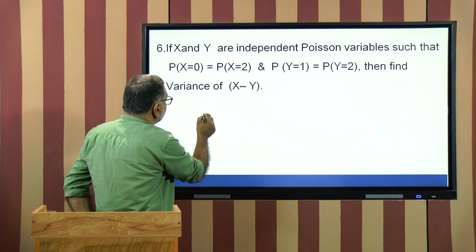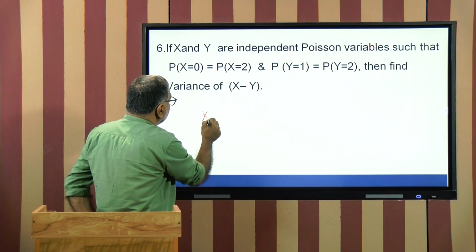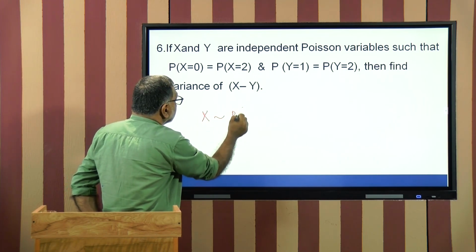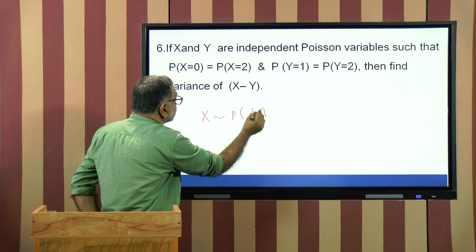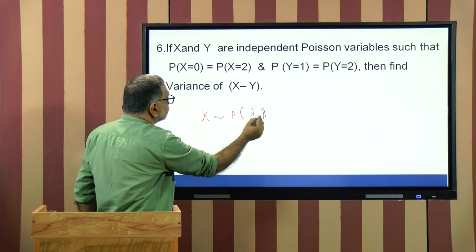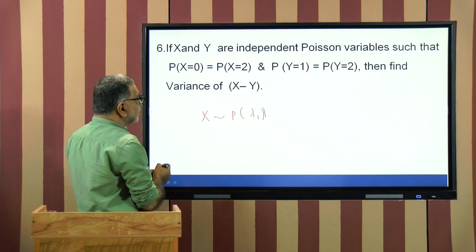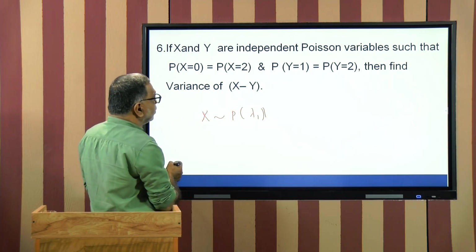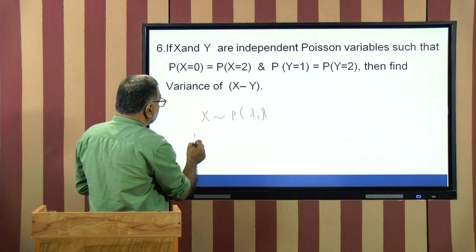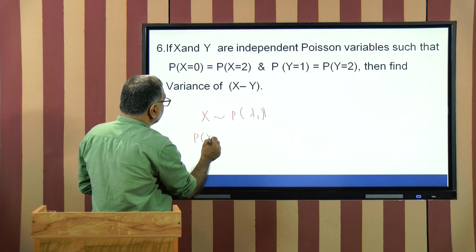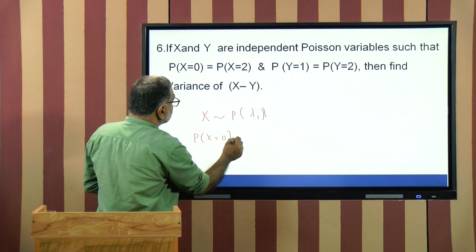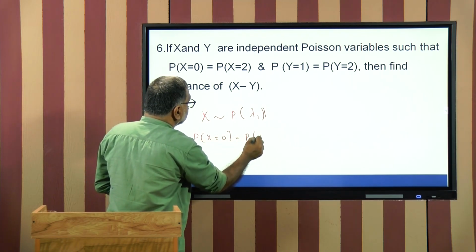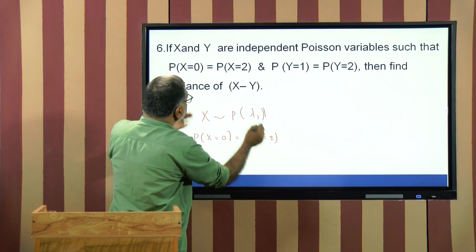See, suppose x is a Poisson random variable with the parameter lambda 1. So, we have probability of x equal to 0 is equal to probability of x equal to 2, as given in the first equation. This is given to you.